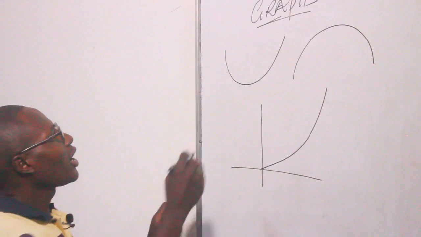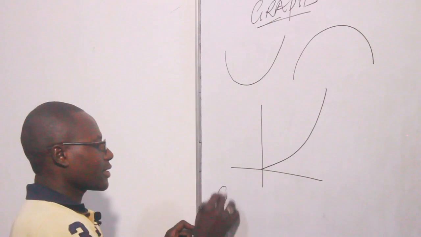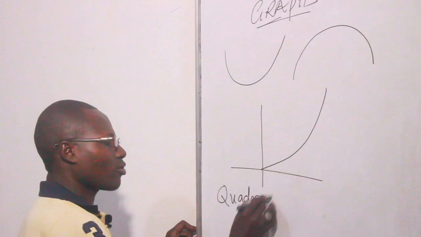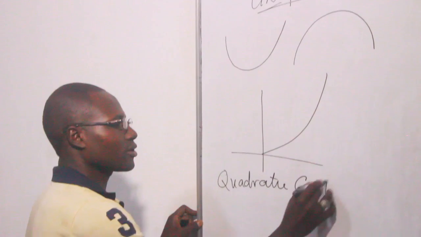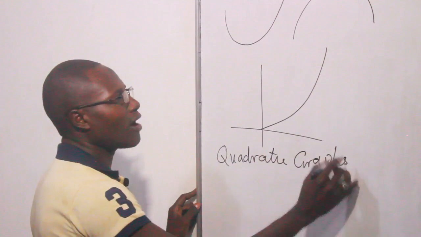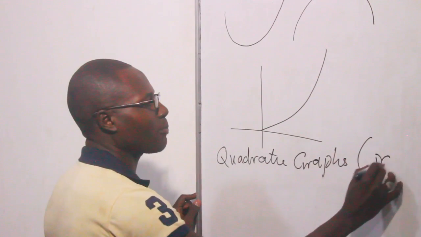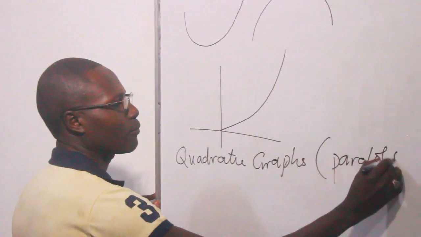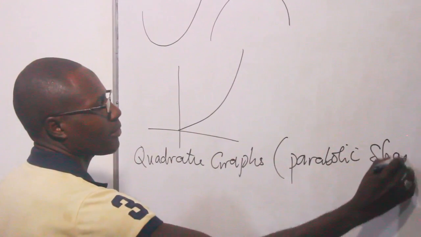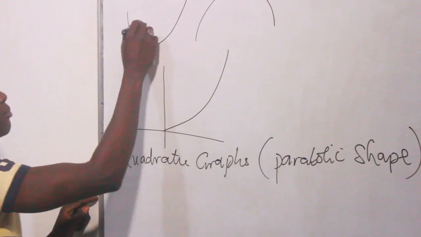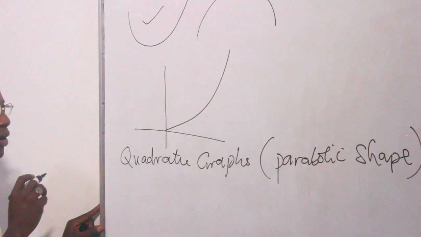Now, in quadratic graphs, we always have a parabolic graph, a parabolic shape.